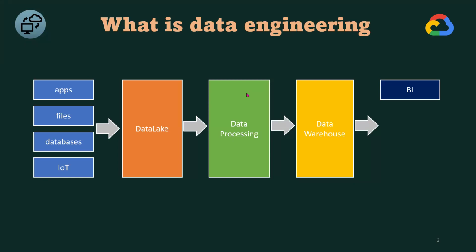Such analysis or insights they get from this data by looking at that dashboard. That is how business intelligence people create the dashboards and reports on top of this data.